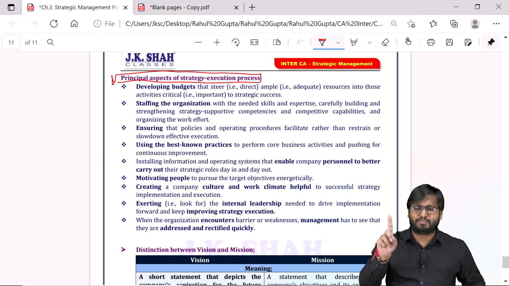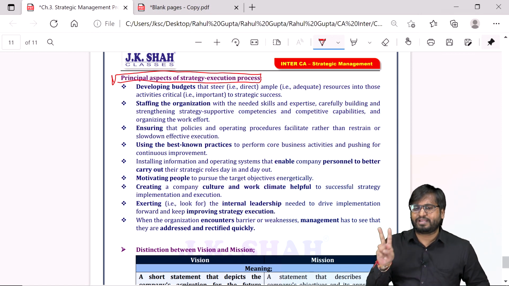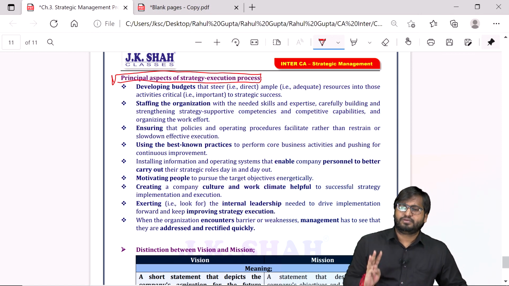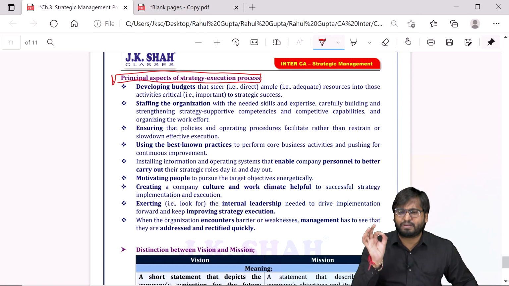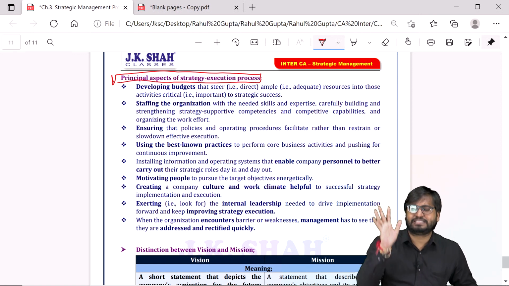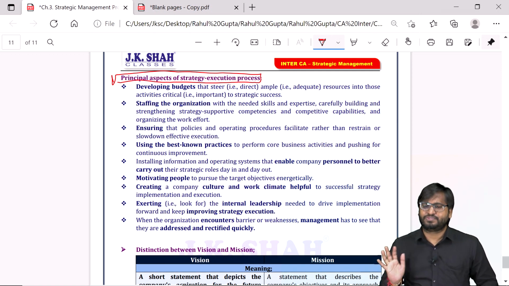So, first I developed the budget, then I recruited the required staff. Third, I am developing policies or standard operating procedures. Fourth, I will use the best known practices to carry out my business activities.